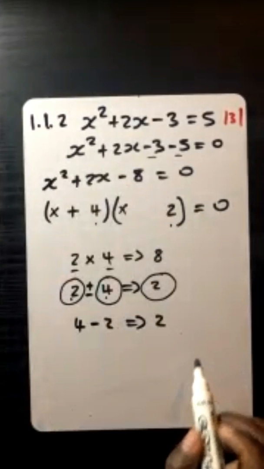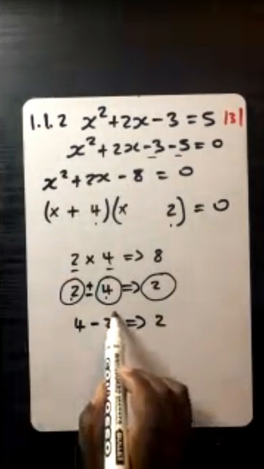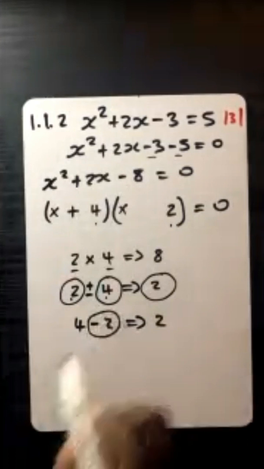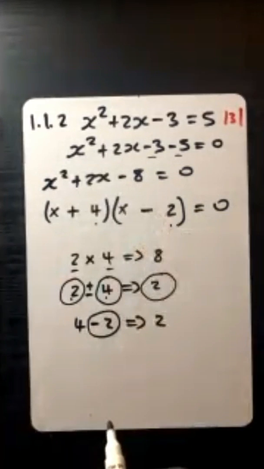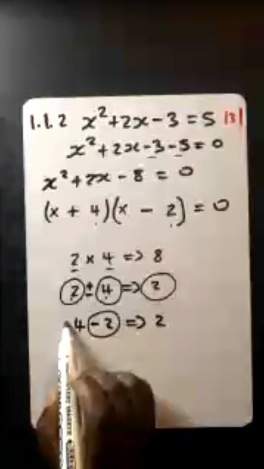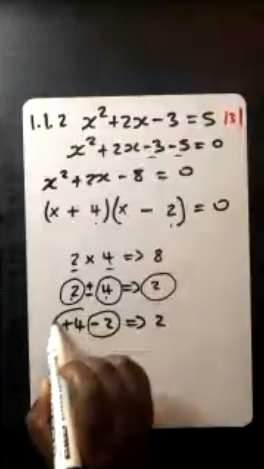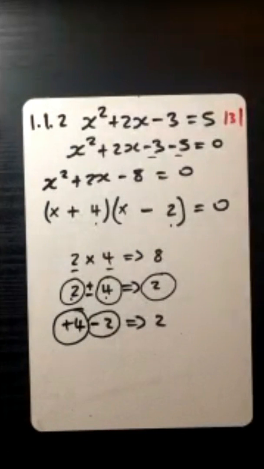So can you see, guys? That means the sign of that factor is a minus over there, which is a confirmation that there you've got a positive sign, which is that positive 4 over there.